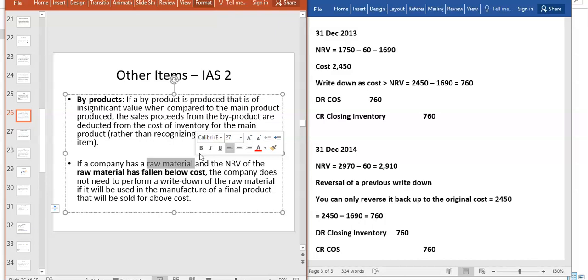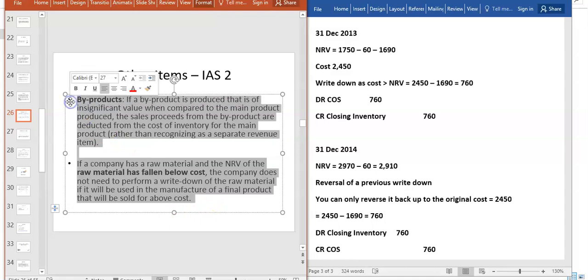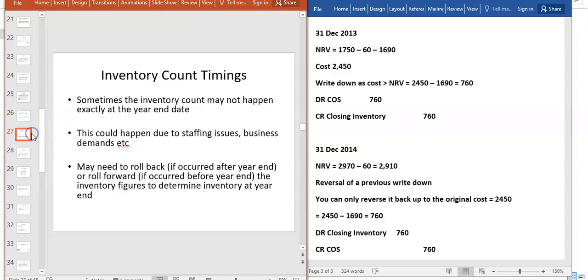I don't need to write down my raw material. Now that's a bit of an advanced one. Don't get caught up too much in it, but there are two small little exceptions to watch out for in IAS 2, dealing with byproducts and dealing with raw materials that will subsequently be used in a very profitable finished good or finished product.